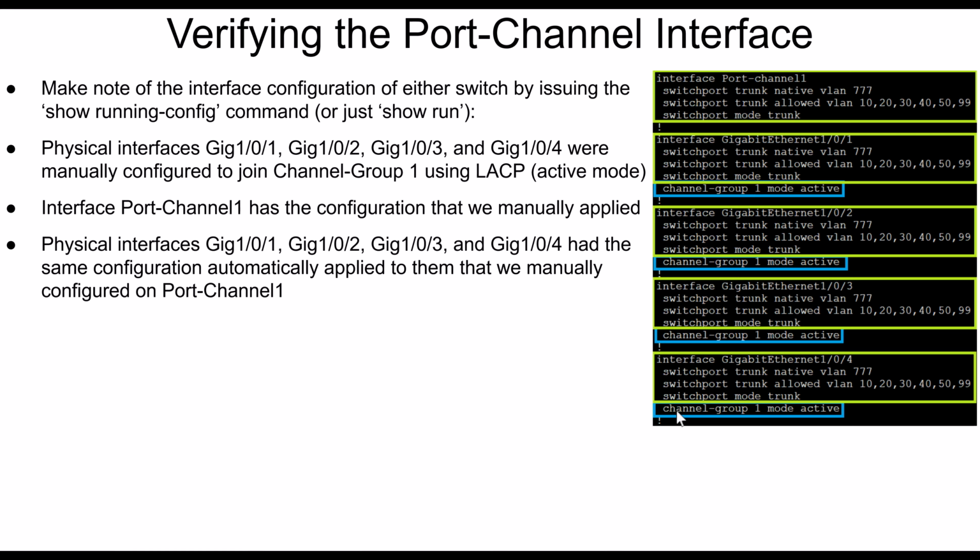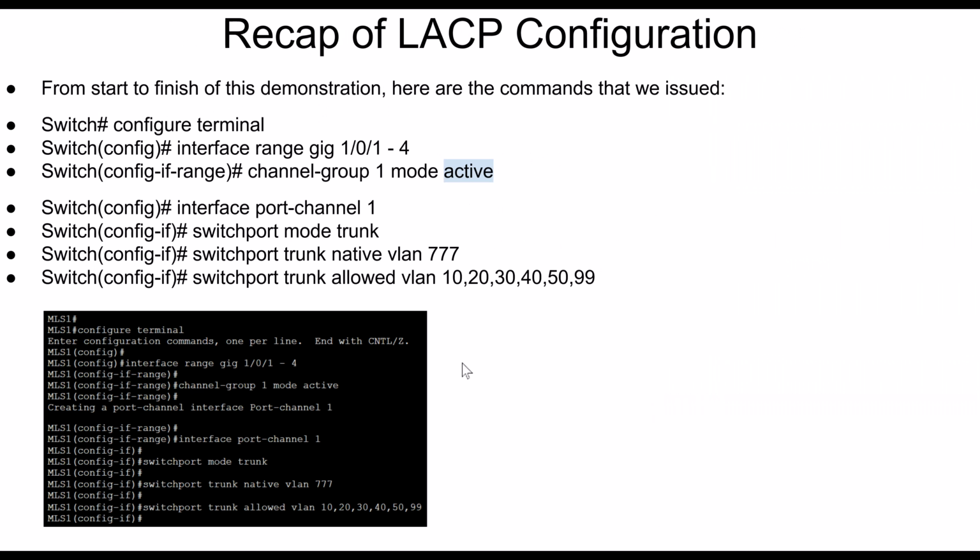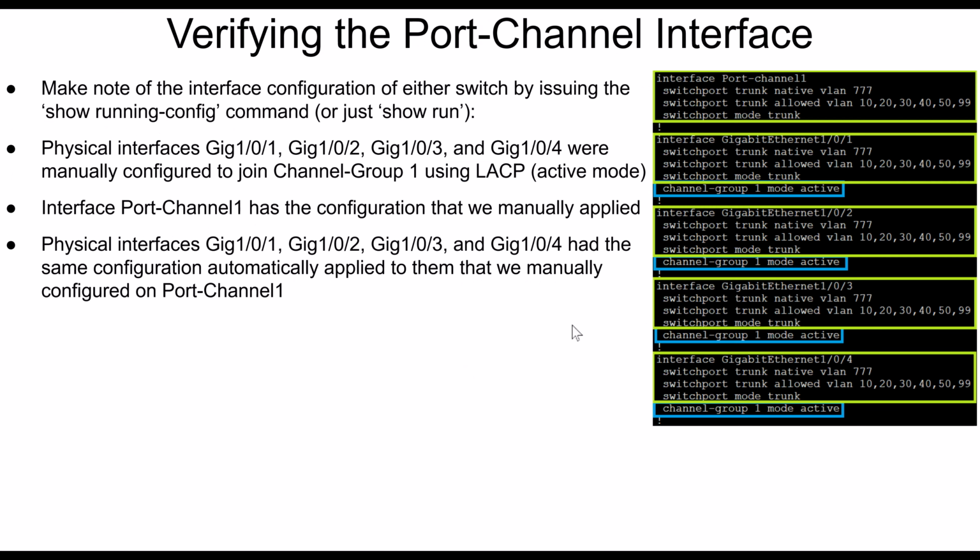Okay, just keep that in mind. So if you ever looked at the running configuration and said, hey, I never put anything on gig 1/1 except for telling it to be in channel group 1, well, when you put it on the port channel, it automatically puts it on the physical interface. Okay, that's why all of these look the same. And they should be the same, by the way.